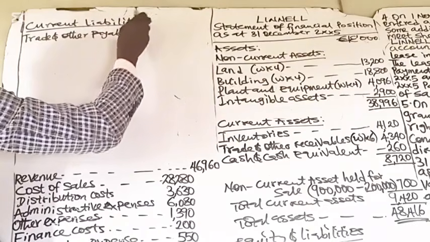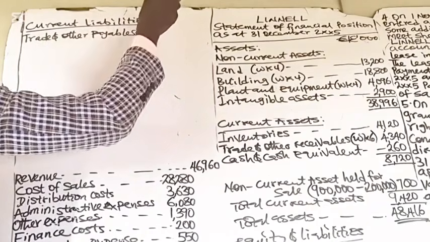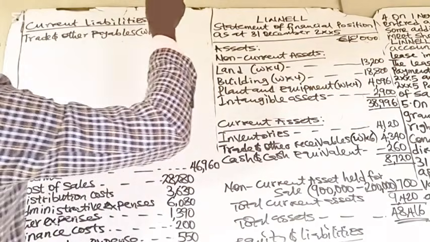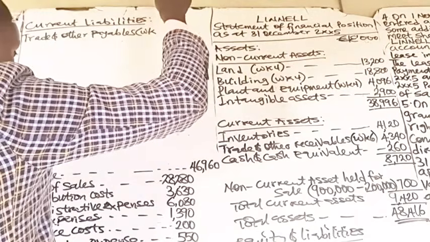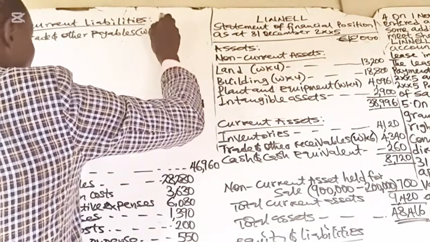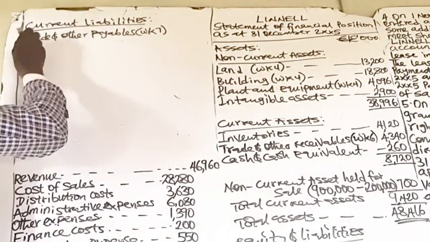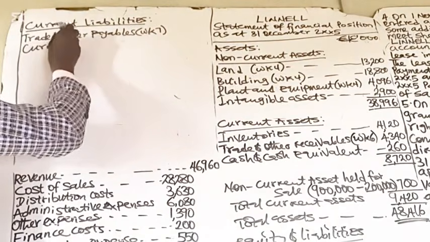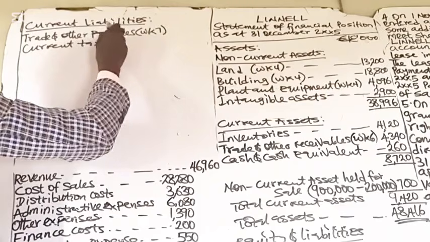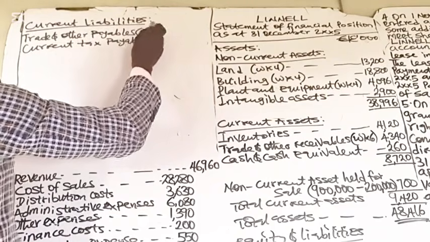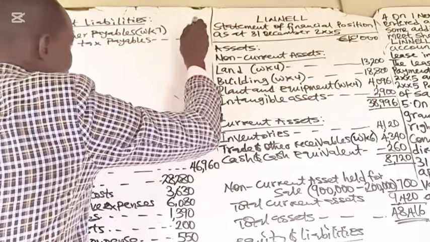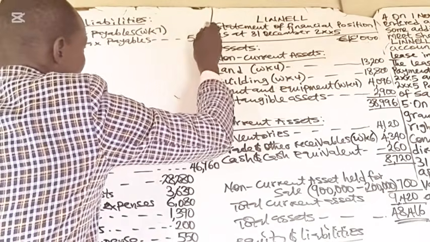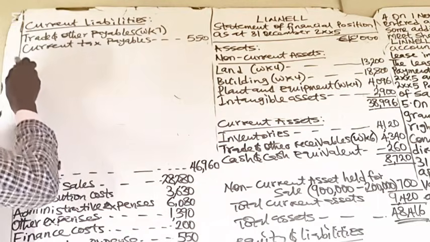Let me have this as working number 7. Then we have current tax payables. This is given in the trial balance as 550,000. So now let's have our working 7.